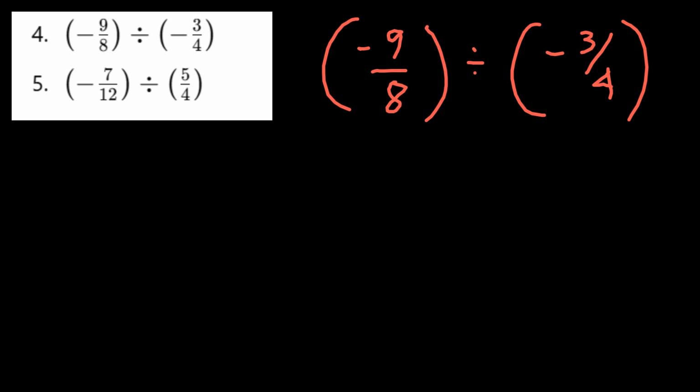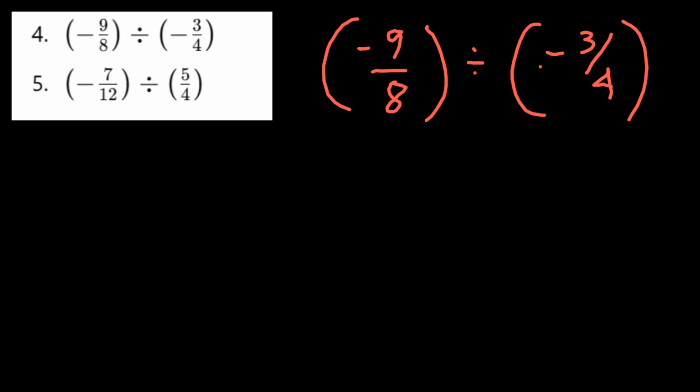The acronym is KCF. So what does it mean? It's keep the first fraction, that is negative 9/8, and then change. The second step is change the division sign to a multiplication sign.